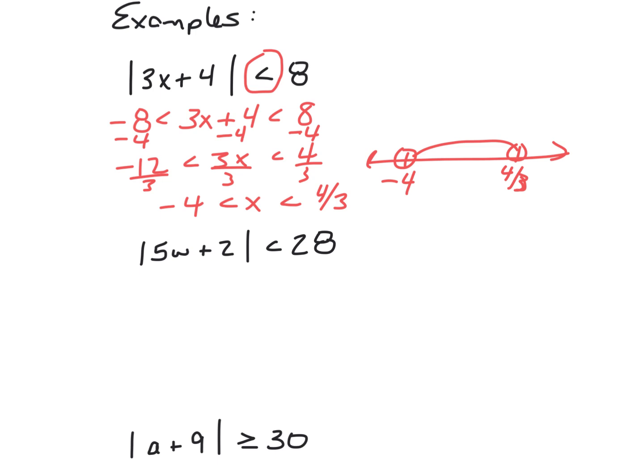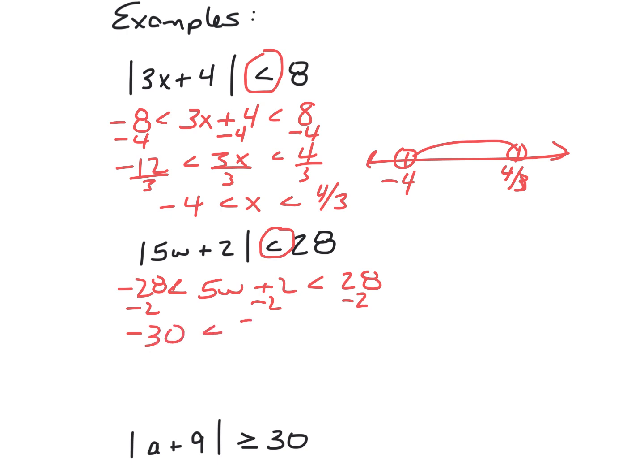The next example is absolute value less than. I'm going to rewrite this as a tweener, putting 5w plus 2 between negative 28 and positive 28. And then, again, solve it the same way. And then I'm going to divide by 5.